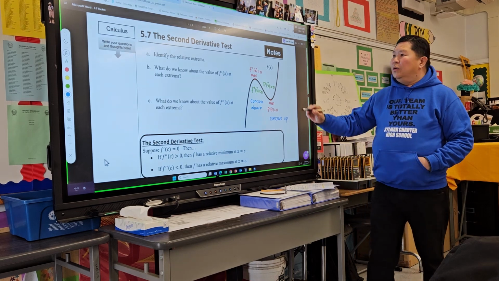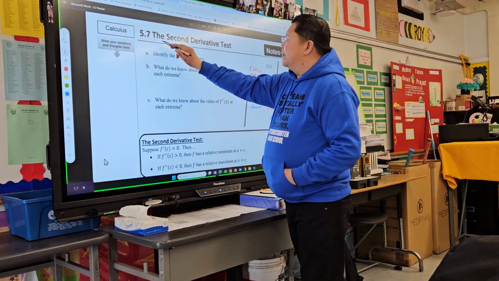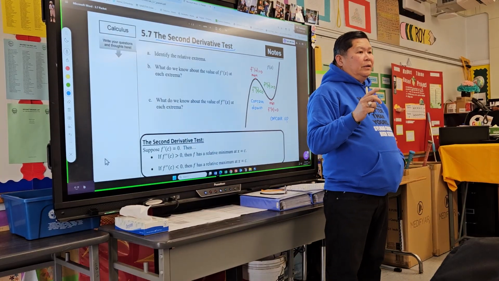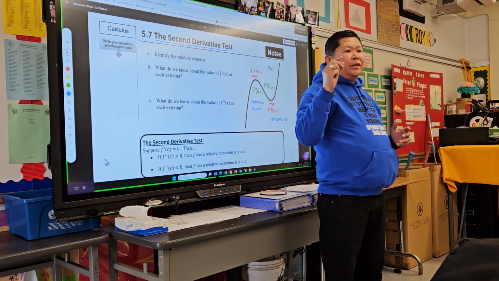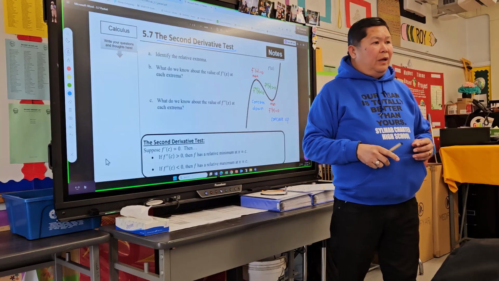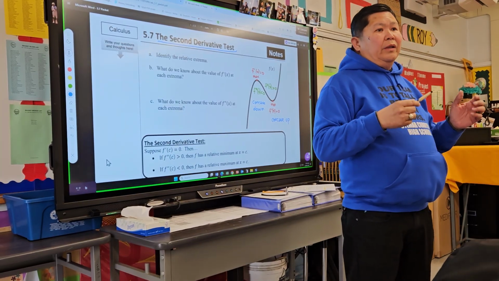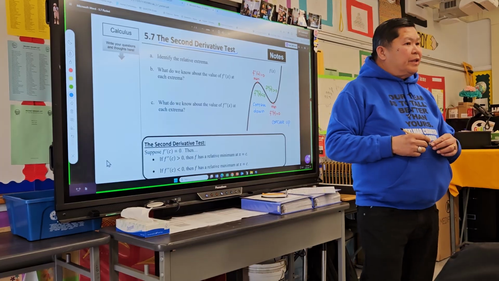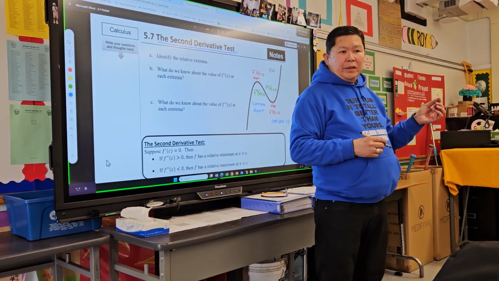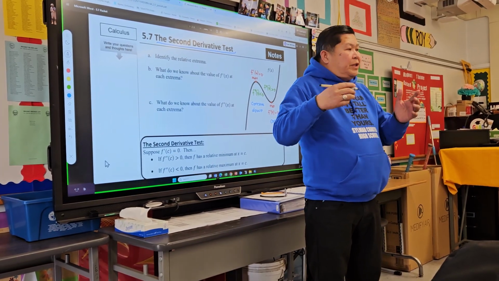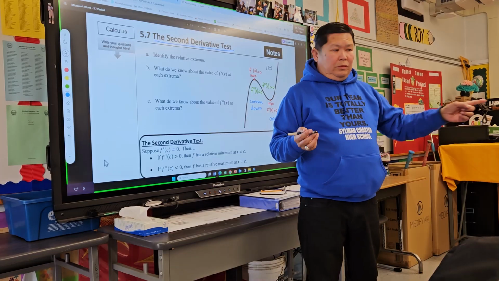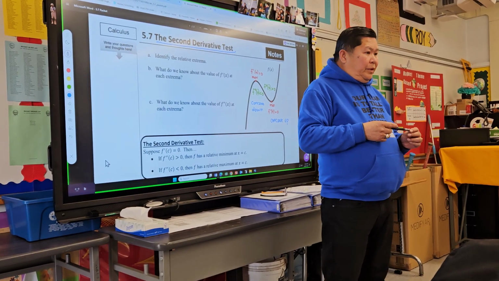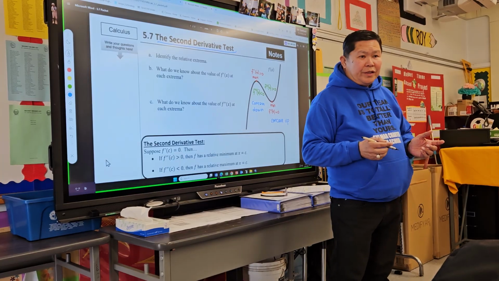Okay. Now, for the second derivative test, this is our guide. When you have the problem, take the first derivative of the function. After taking the first derivative, you're gonna equate it to 0. What's next after equating to 0? We're gonna have to take the critical points.